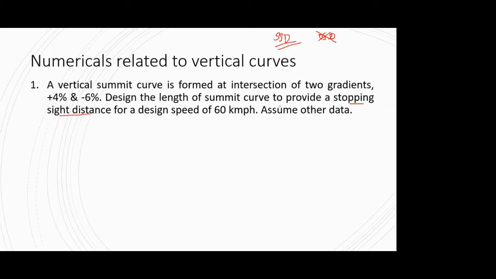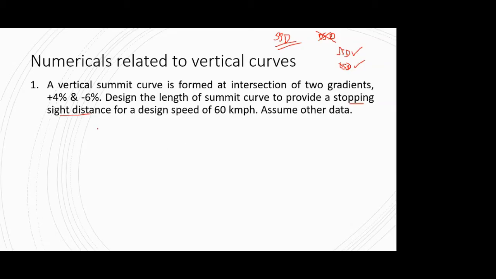But in case they don't specify, and just say design the length of the summit curve, then we have to go for the formulas for both, SSD and OSD, and whichever is the greater one, you adopt as the design length.